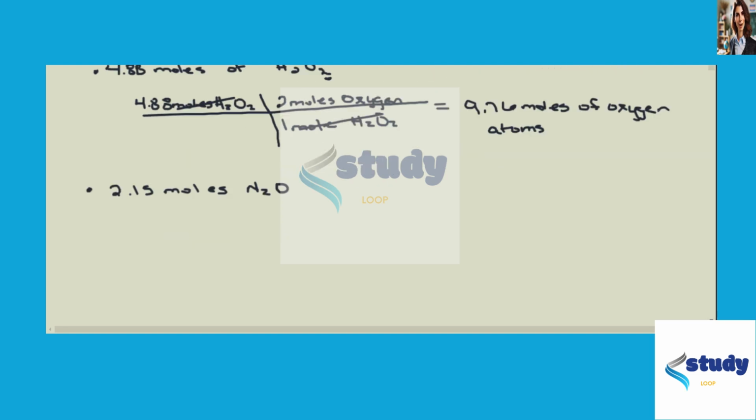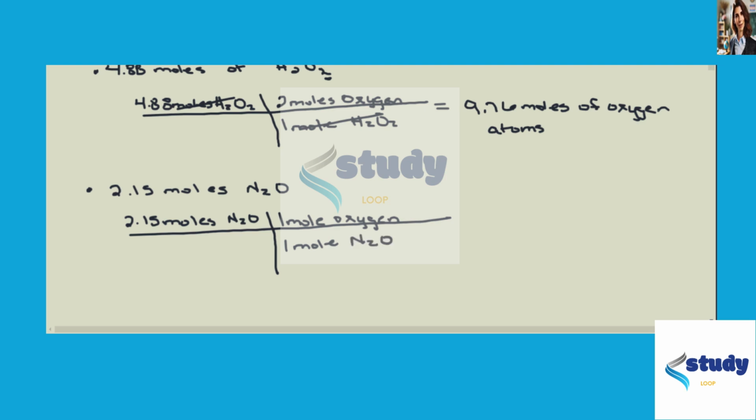So I do the same thing, 2.15 moles of dinitrogen oxide, and I compare. So I have 1 mole of oxygen to 1 mole of dinitrogen oxide. So that means I have 2.15 moles of oxygen atoms.